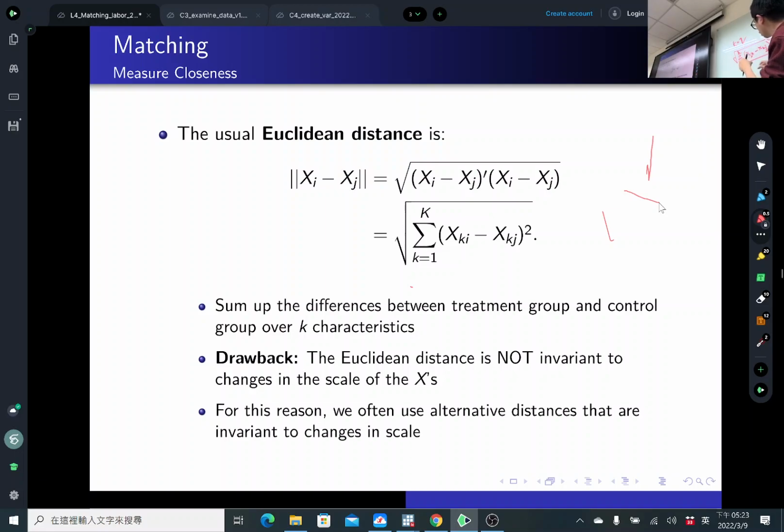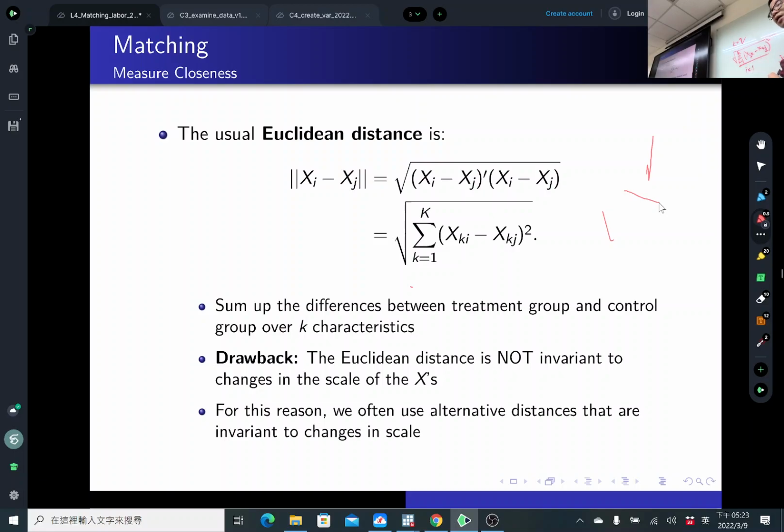You can calculate one value for individual j, for example, unit 1 in the control group. For example, this number could be 5, and unit 2 is 10, and unit 20 is 1. You might pick the lowest one to match individual 1 in the treatment group.